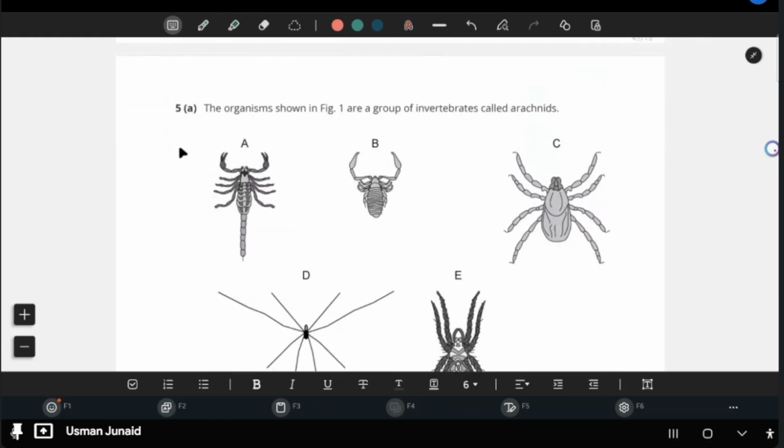Okay. The organisms shown in figure 1 are a group of vertebrates called arachnids. Now, what were arachnids? Do you remember?